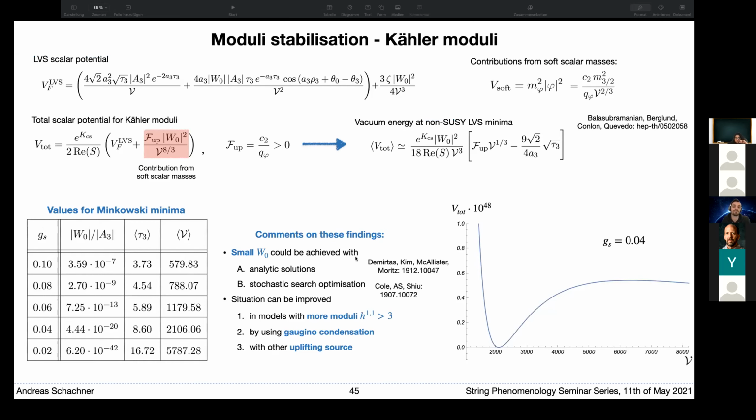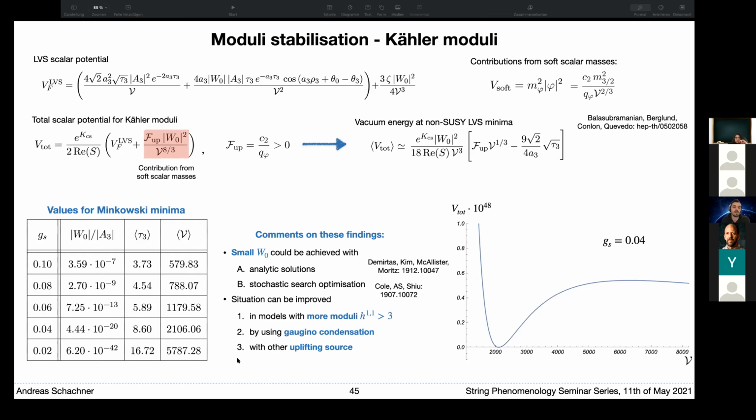And this tuning can be achieved by either using the analytic solutions provided by the Cornell group, for example, or using stochastic search optimization methods such as genetic algorithms, which have been applied by Alex, Gary, and myself 2 years ago.